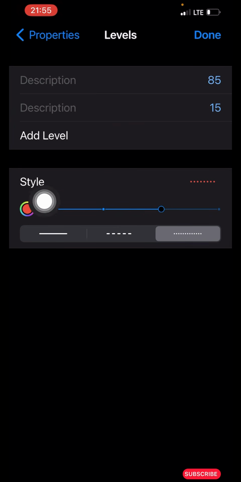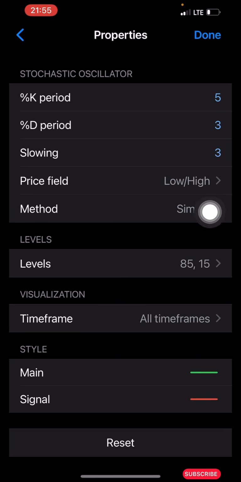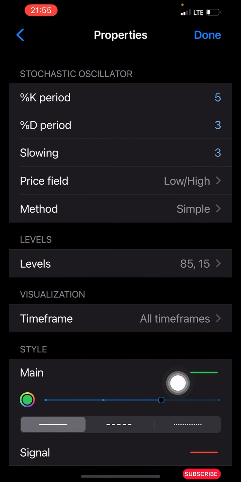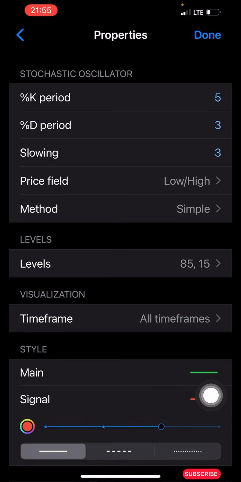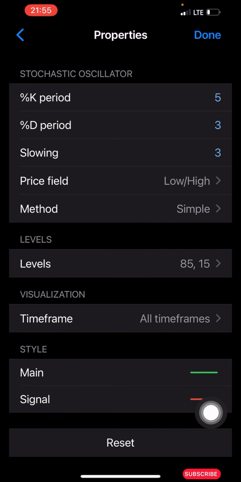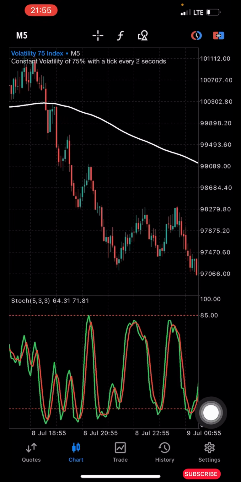Under the style you make the color red, 3 pixel, and you click on done. The time frame is all time frames. Under the style you make the main color green, 3 pixel. The signal you make color red, 3 pixel, and you click on done.